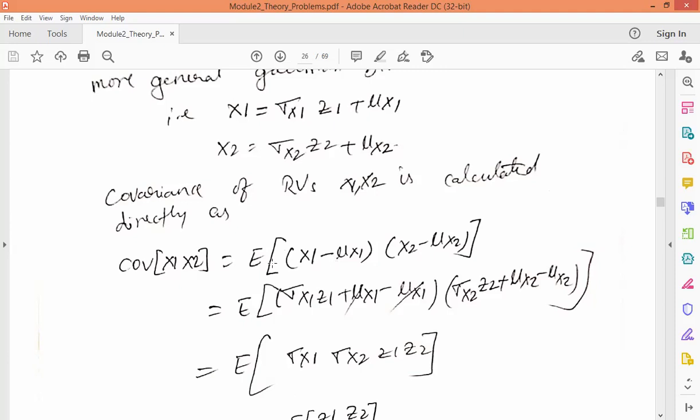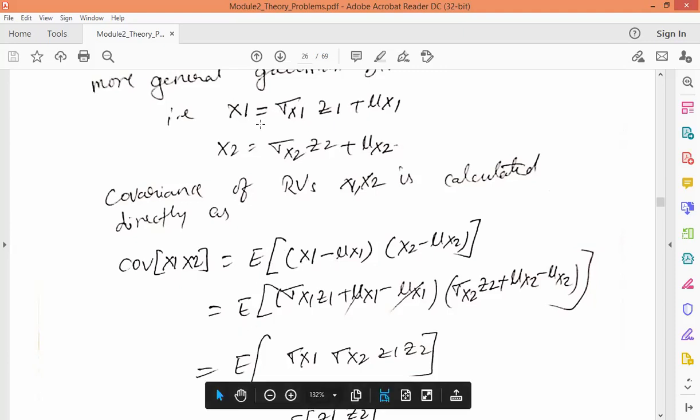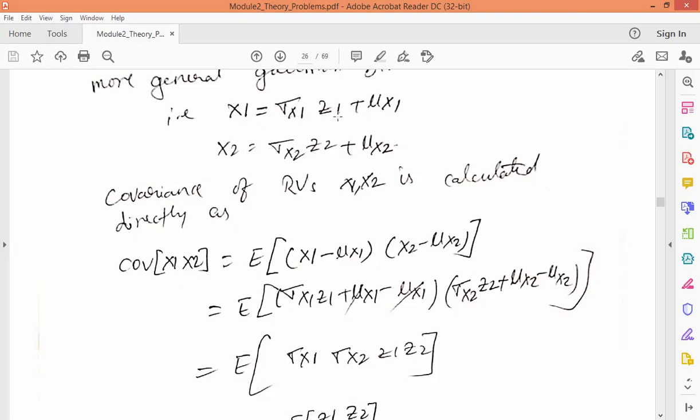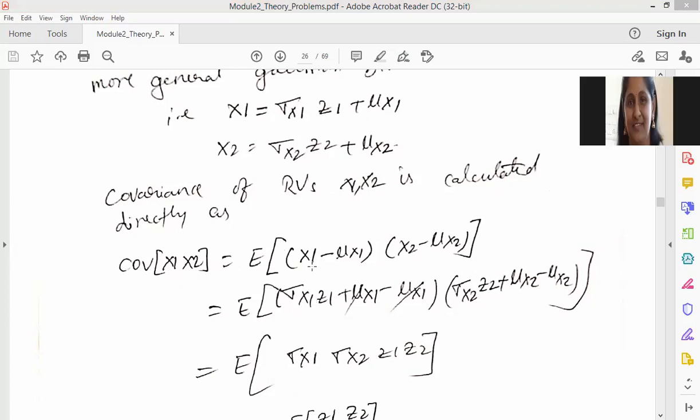In the next step, we have replaced x1 by sigma x1 z1 plus mu x1, and x2 by sigma x2 z2 plus mu x2. When you make that substitution, plus mu x1 minus mu x1 gets cancelled, and similarly plus mu x2 minus mu x2 gets cancelled.